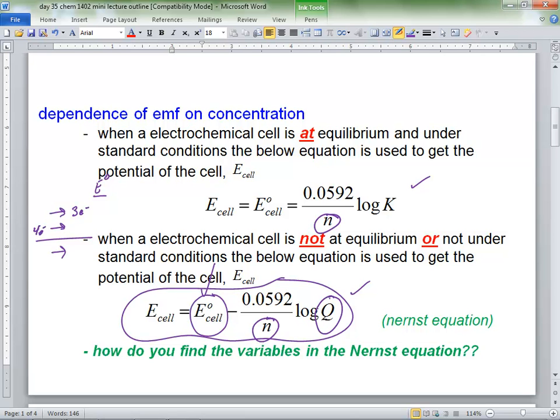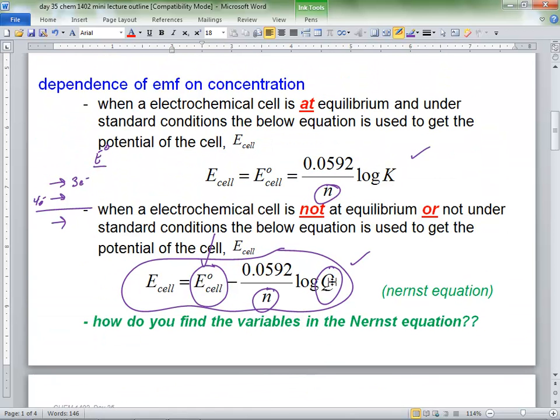Reaction quotient. All it is, it's a K expression, right? Products over reactants. Except they're not at equilibrium, so they don't write K, they write Q. No big deal. Okay. Same thing, yep. Okay, but technically, you write Q because you're not at equilibrium. So that's how we find all the variables. And we're good to go.